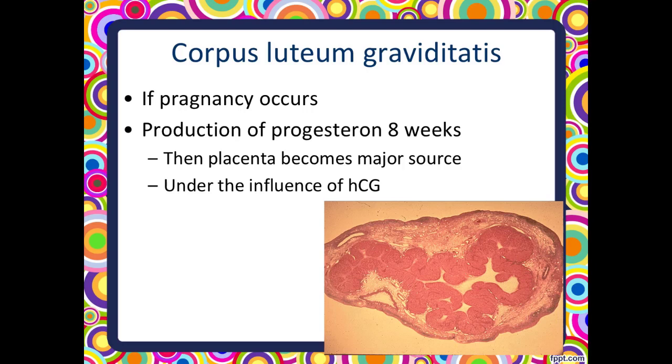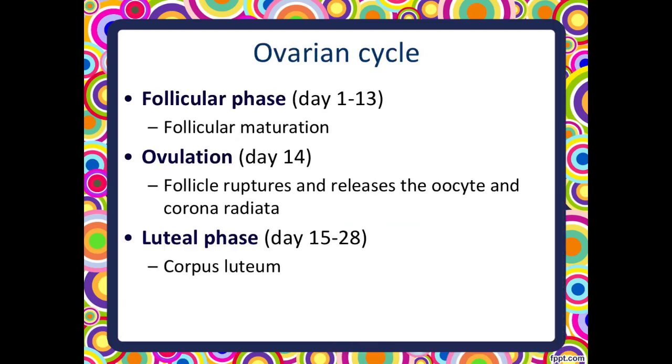Then after about 8 to 10 weeks, the placenta becomes the major source of progesterone, and the corpus luteum is not needed anymore, so it will degenerate and create fibrous scar called the corpus albicans.